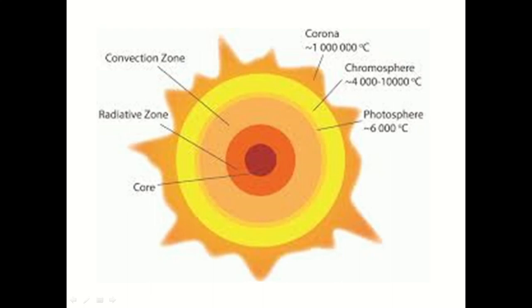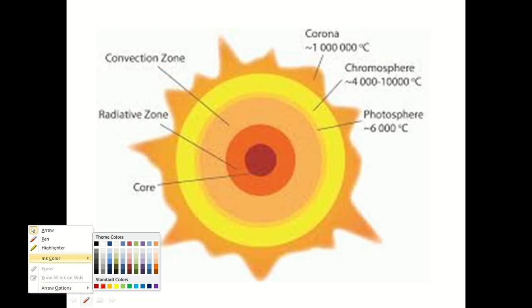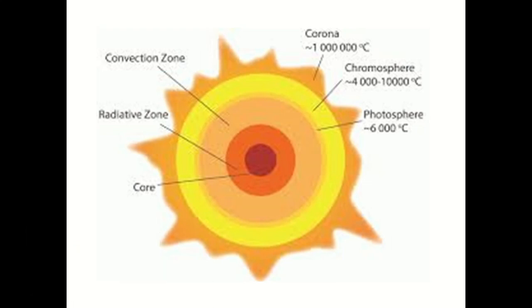The center part is the core, where the nuclear fusion reactions take place, and this is the radiative zone, this is the convection zone, and in between this convective zone and the chromosphere you can see a very thin layer with a temperature around 6000 Kelvins or 5800 Kelvins, which is the photosphere.